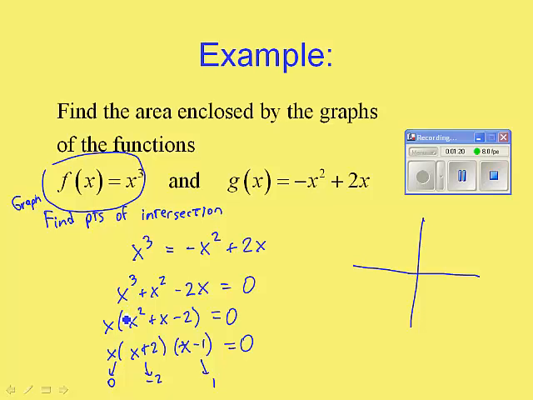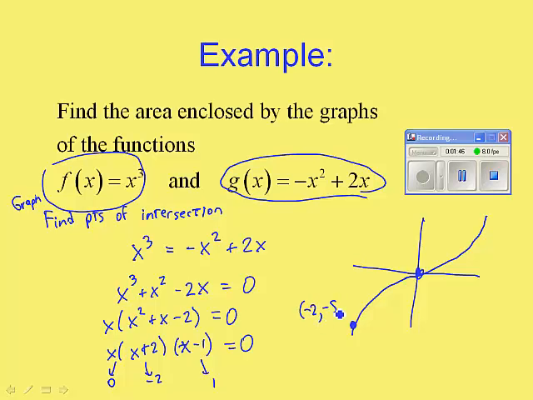Do you guys know what that looks like? Kind of like this, right? Now the other one's a parabola, opening downward. I got to think more about that one here. But it says that we're going to get intersections at 0, 0, at -2, -8, and at +1.